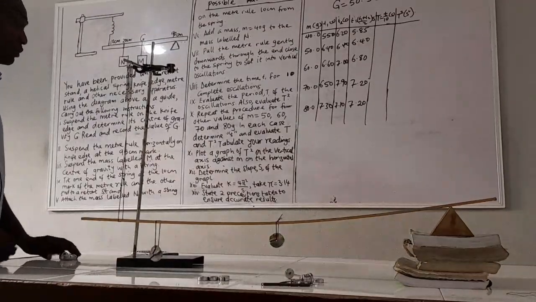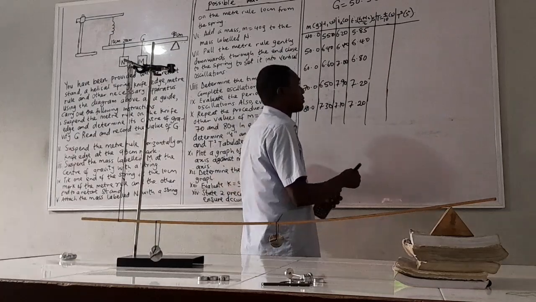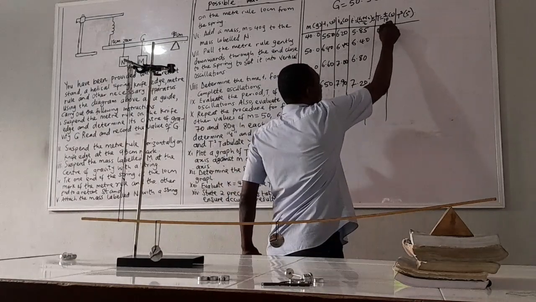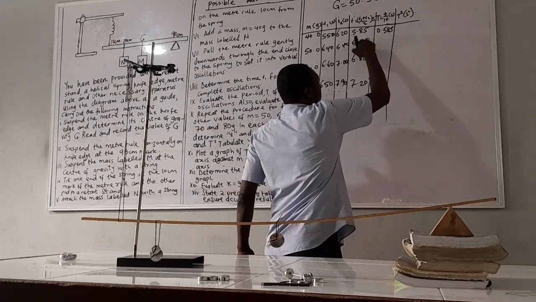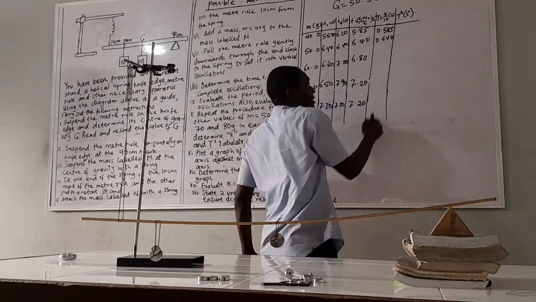So that's the evaluation. Now to get this, we'll divide this by 10. So that gives us 0.585. We'll divide this by 10, we'll get 0.640.